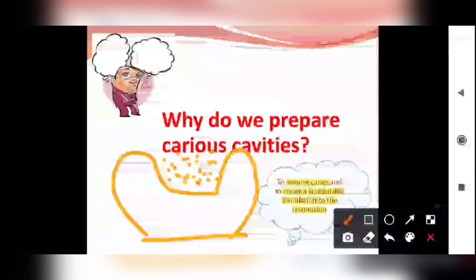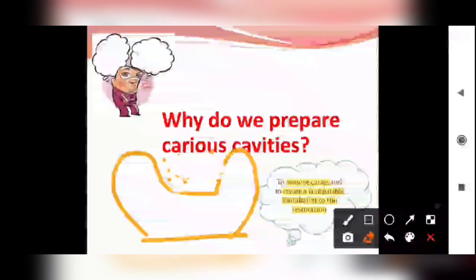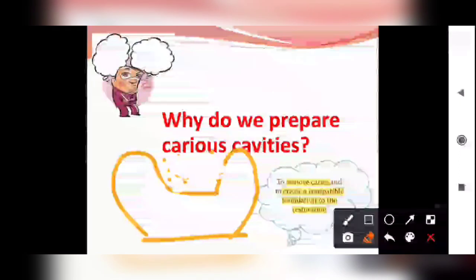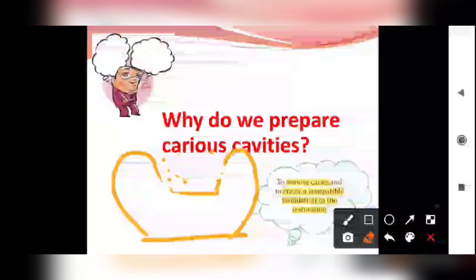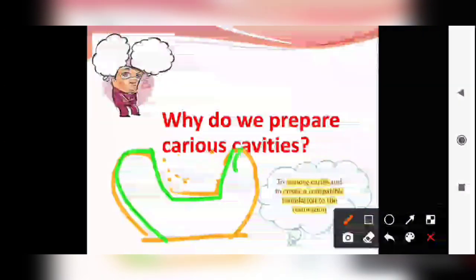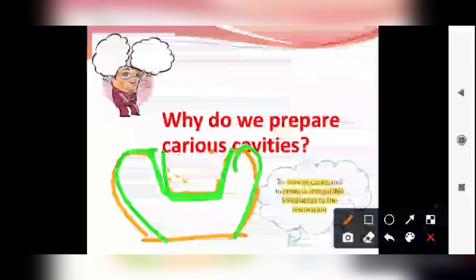So what we do, we remove all of this caries, and we create a nice, compactable foundation for the restorative material. So this is called a cavity.